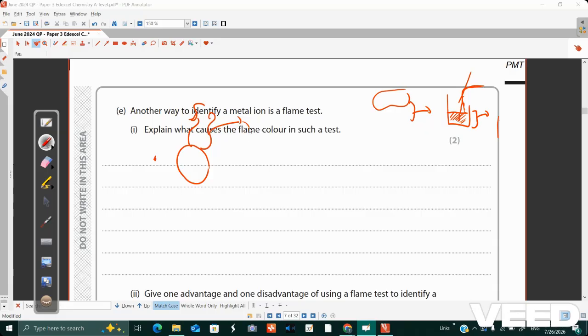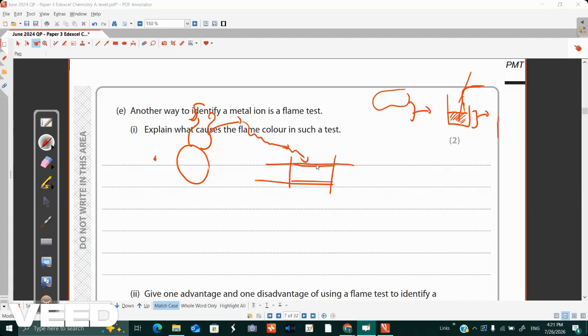So that radiation is within the range of the visible spectrum of human eyes.